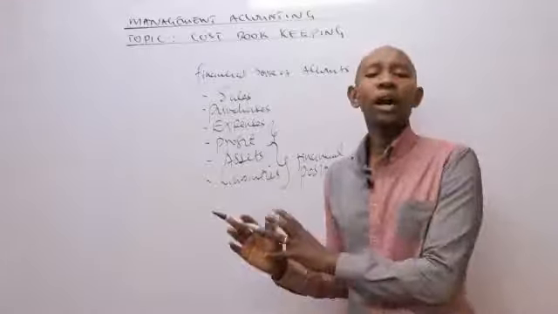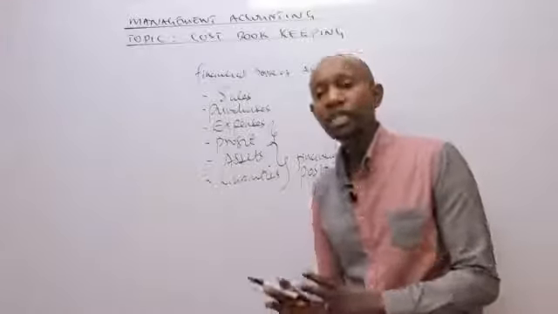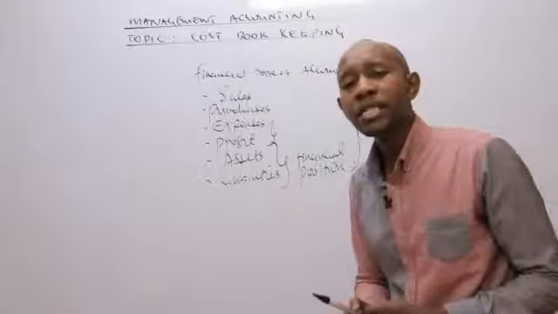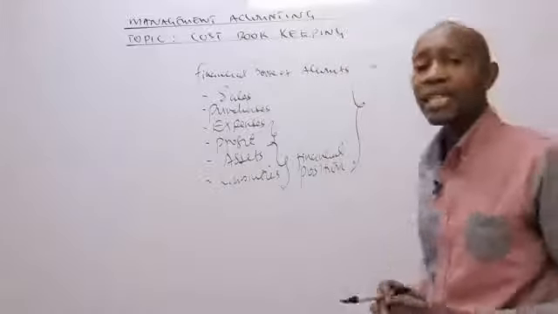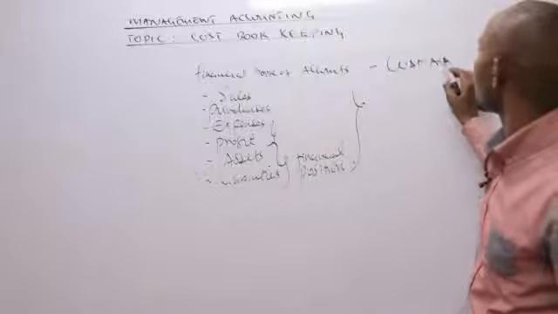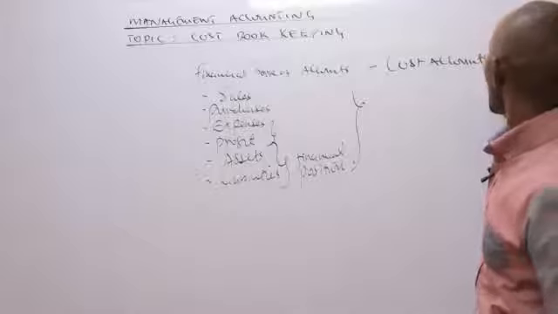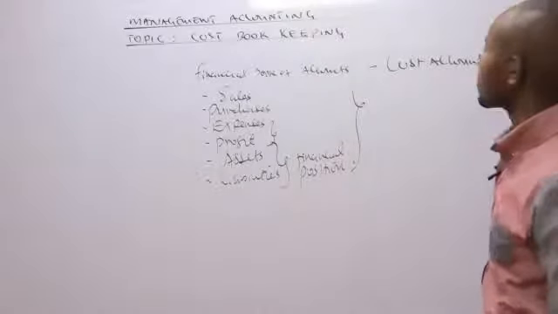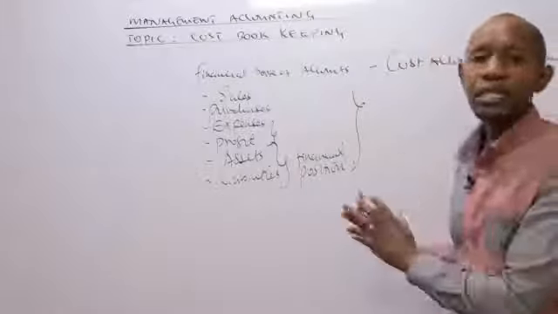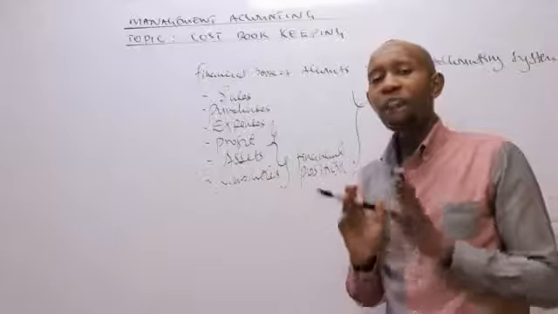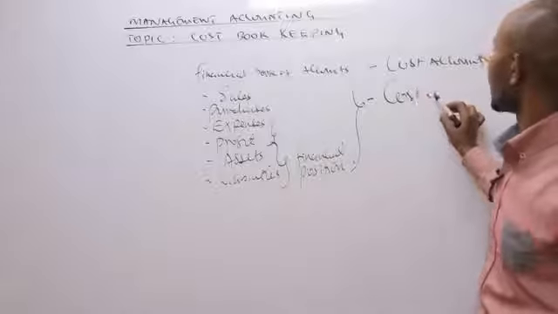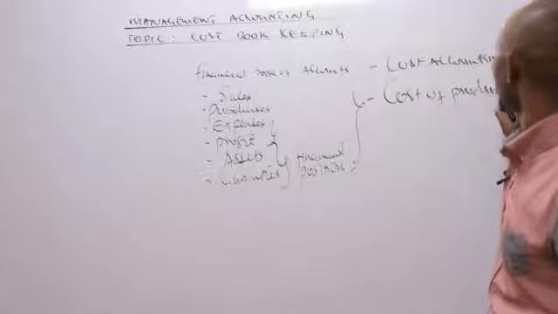Now, some organizations, in addition to maintaining a financial accounting system, may also find the need to maintain what we call a cost accounting system. The main purpose of this cost accounting system is to help them determine their cost of production.